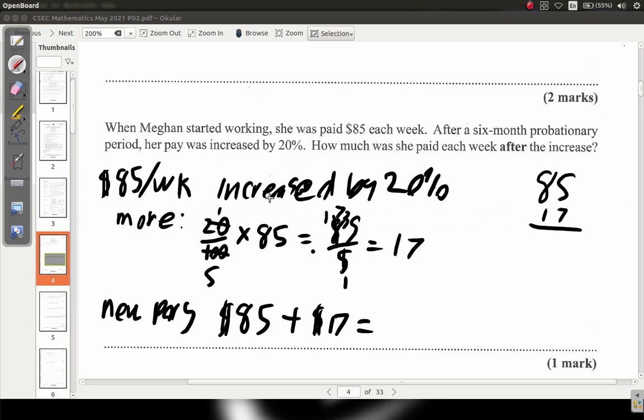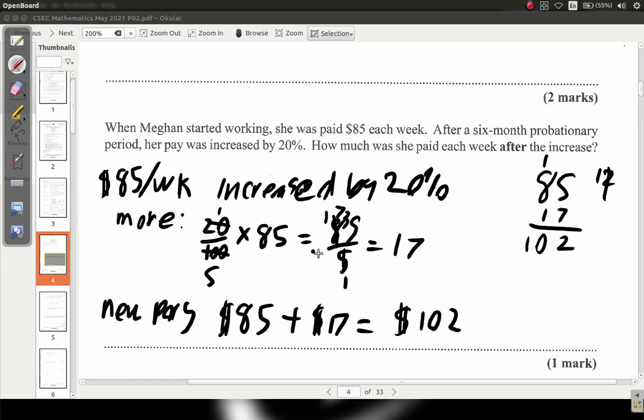But right now, 7 and 5, how much? 12. So, bring down the 2, carry 1. 8 and 1, 9 and 1, 10. $102 should I get. Alright? So you see that? I should get $102 as our new pay.